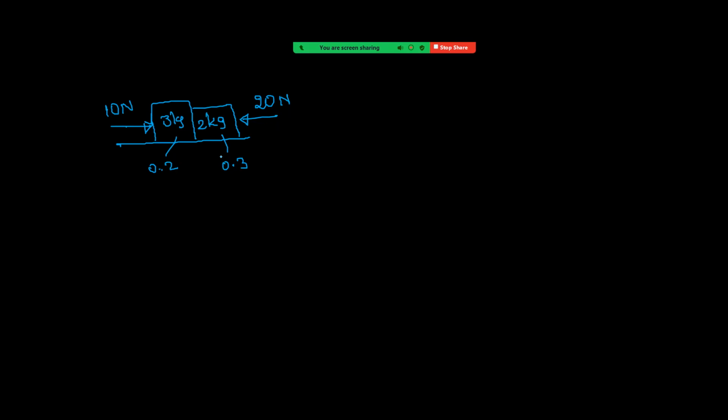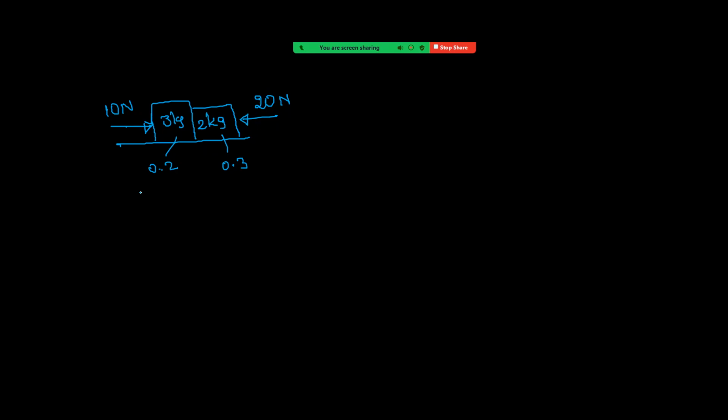What is the net force? Here 20, this is 10. Net value is 10, right? That is left side. But here limiting friction is 6, here also limiting value 6. So if the net value is more than 12, because 6 plus 6 is 12, the system moves.